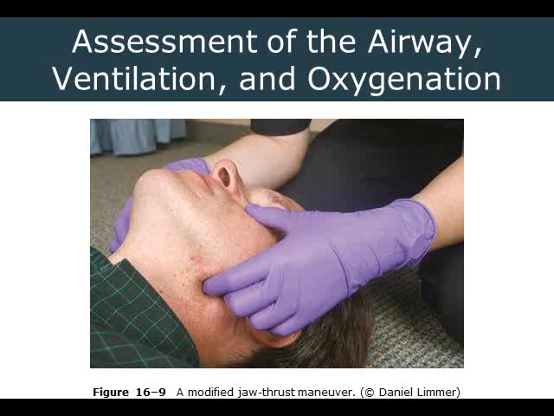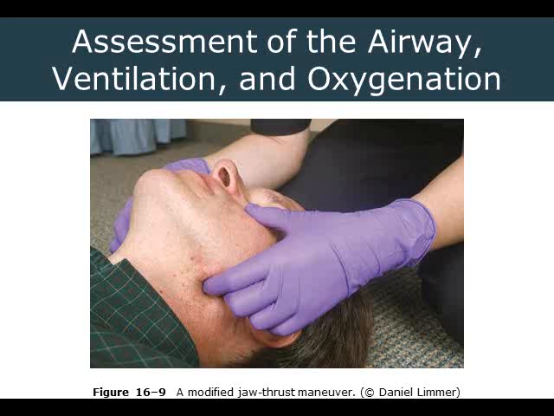If we have a suspected trauma patient, modified jaw thrust, where we put our fingers behind the crook of the jaw and push the jaw forward. You're using your thumbs to press on their cheekbones and squeezing together between the thumbs and the fingers to pull the jaw forward and keep the head backward.